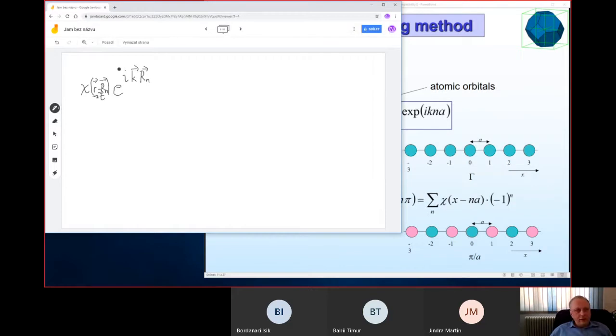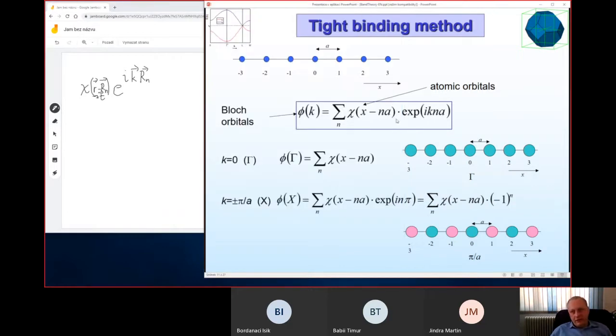So this would be the extension of this definition to 3 dimensions.